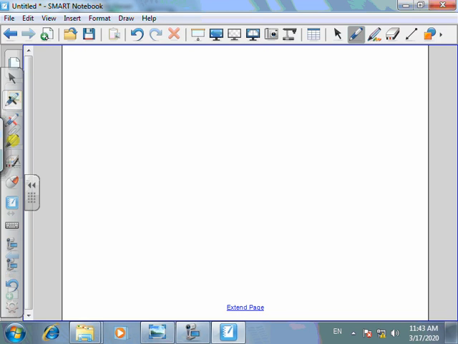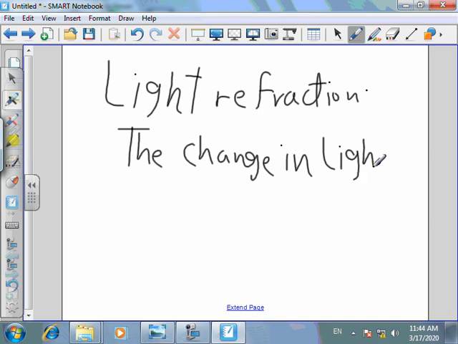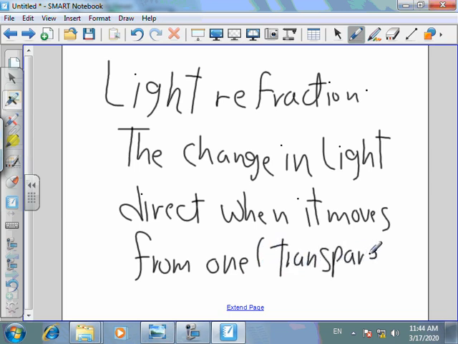Let's write the definition of light refraction. Light refraction is the change in light direction when it moves from one transparent medium to another.